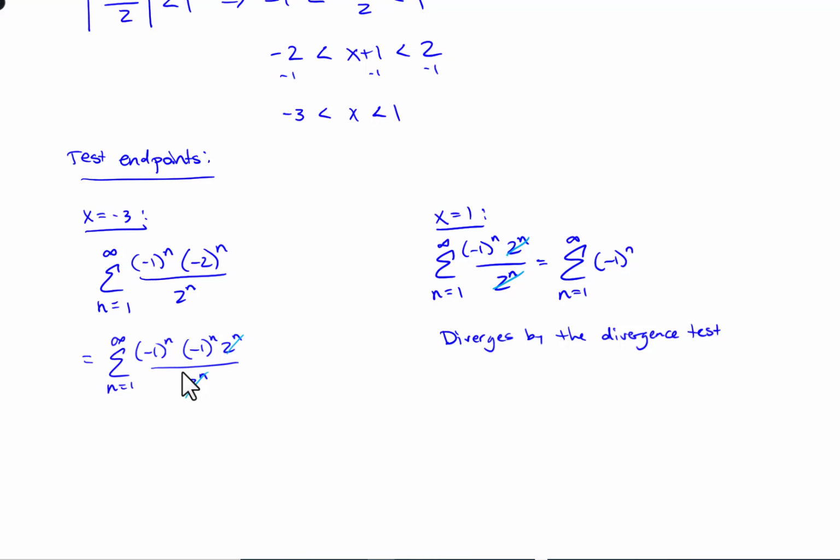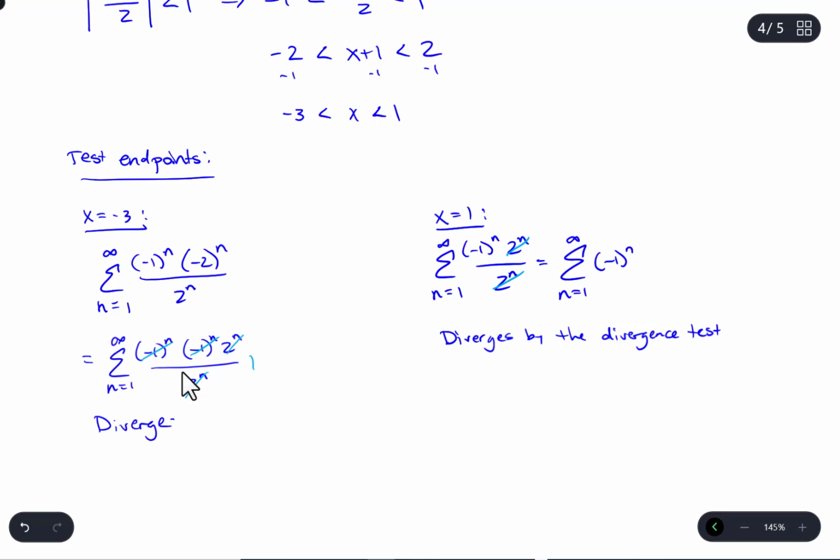Then -1 to the n is always in step with -1 to the n, so this would always result in +1. So this is just the series of +1, and if you just keep adding a constant, it's going to diverge, and this is also by the divergence test.